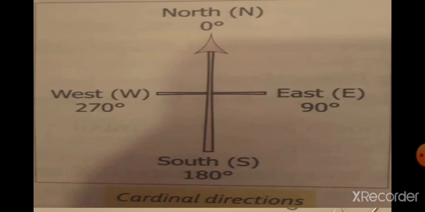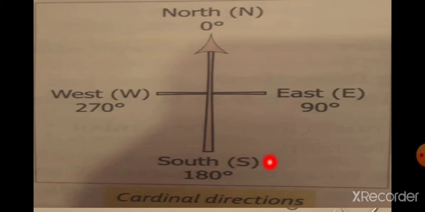And the right side will be the east and the left side will be the west. So every map has a direction at the top. Let us see what it shows. We have direction north, and the bottom is south.